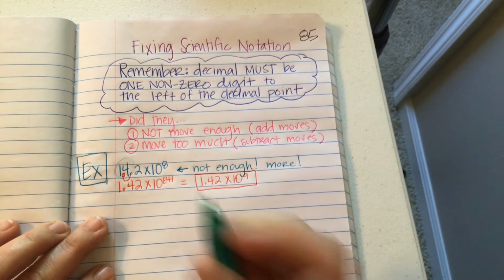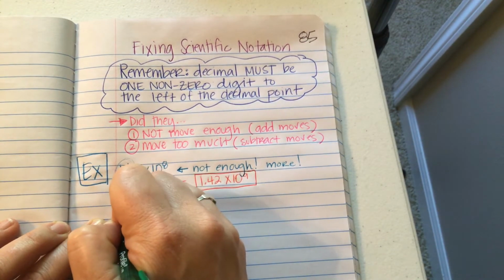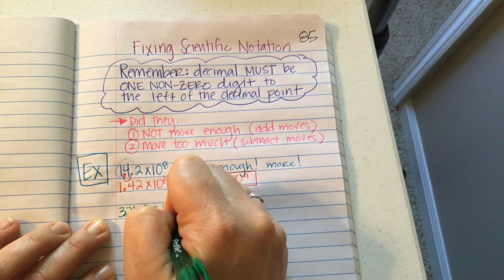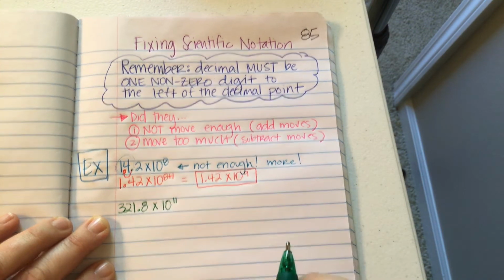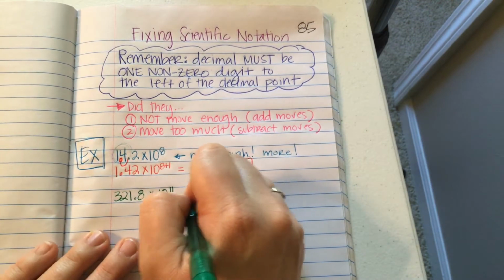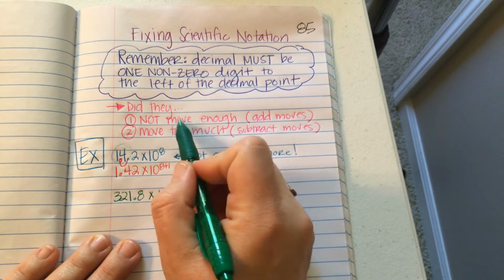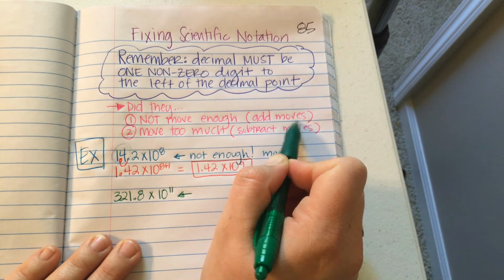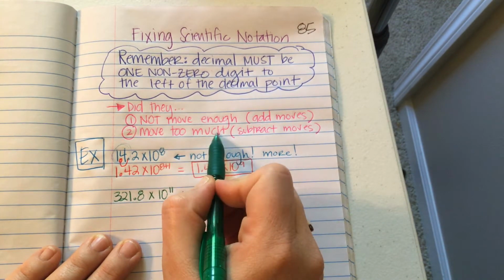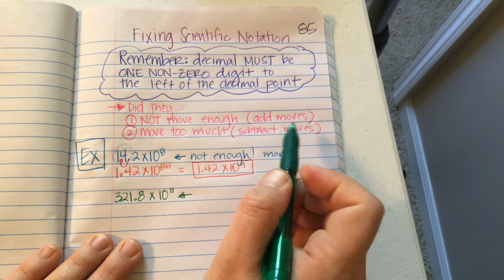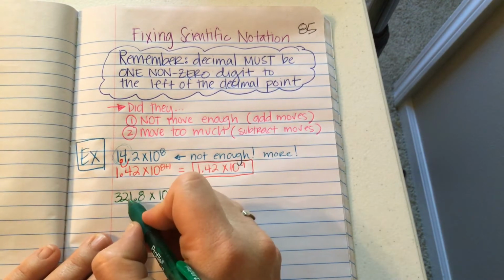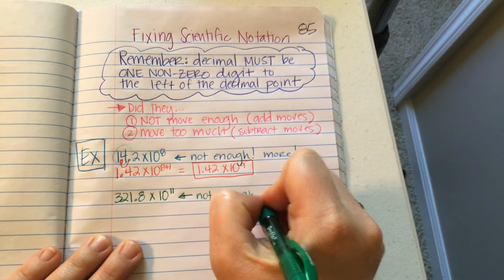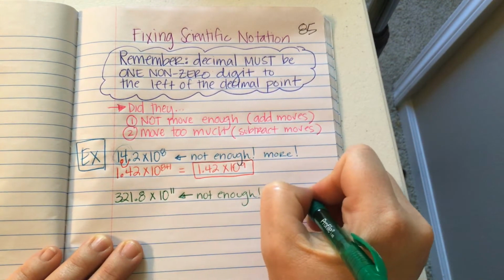So let's do that again. If I have 321.8 times 10 to the 11th, I need to ask myself, did I not move enough? Do I need to add more moves? Or did I move too much, meaning I need to subtract, I need to go back? So if I look at this, it's not enough. I need to do more.